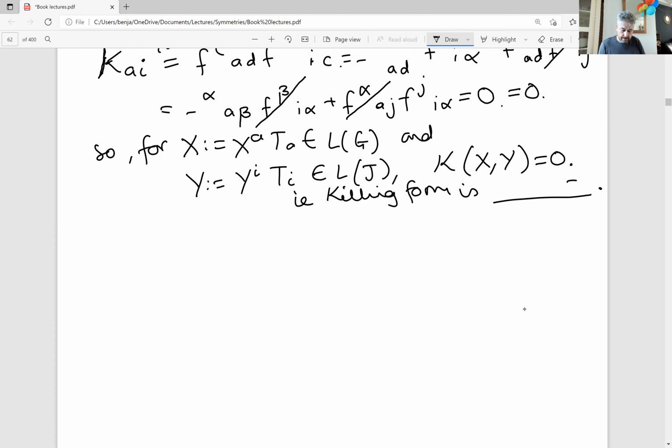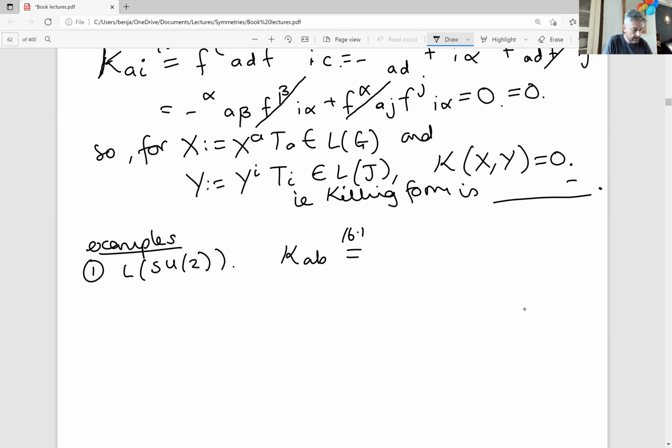So let's give an example of this metric of the Killing form. First example, we're going to take the Lie algebra of SU(2). Now 6.1 tells us that our metric of the Killing form kappa_AB is the trace of the adjoint matrices of A and the adjoint matrices of B. We've looked at these.